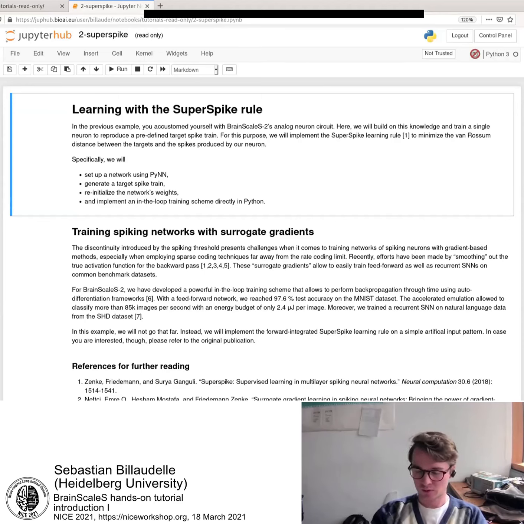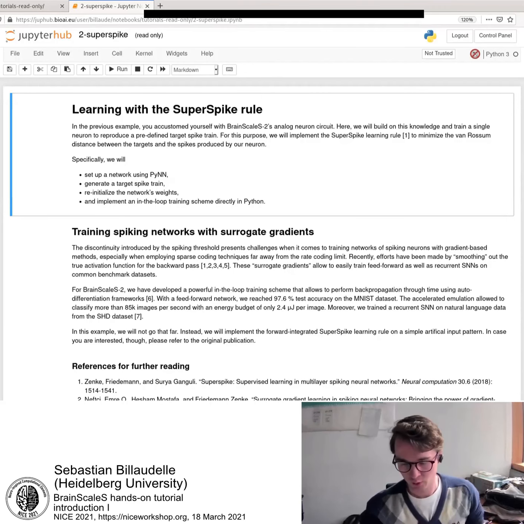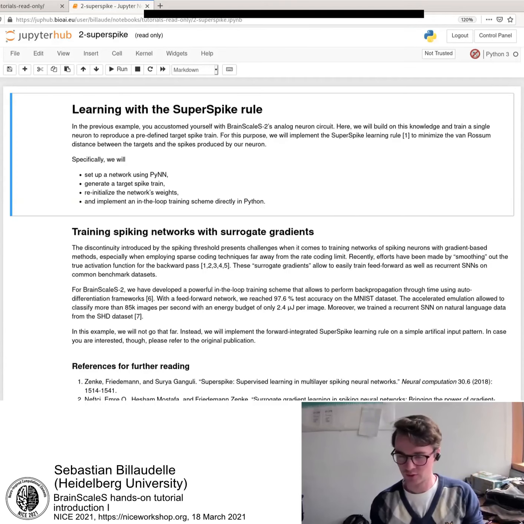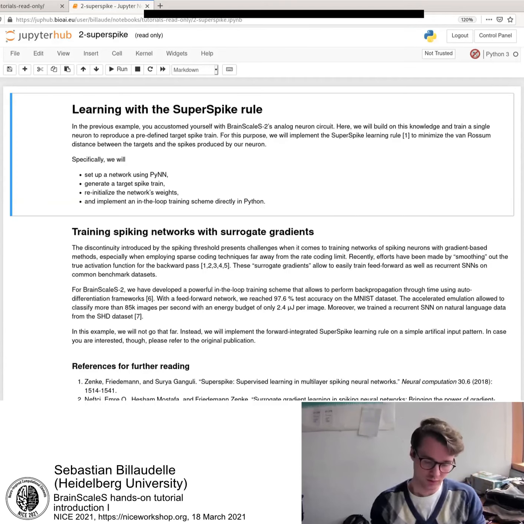These critical points are kind of hard in training these networks. For that purpose, you can smear out the gradient, this delta function, to some arbitrary smooth function. So we don't modify the forward pass. We still have a spiking neuron with a theta activation function, but when calculating the derivative of that, we just use a different function. This is what we call a surrogate gradient.